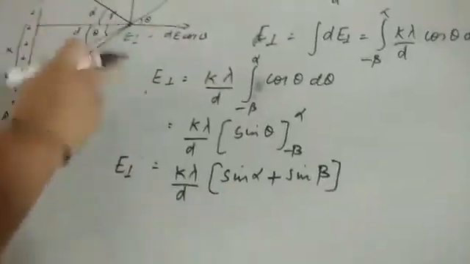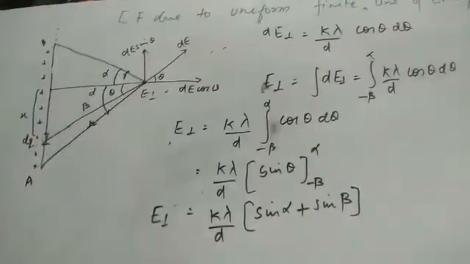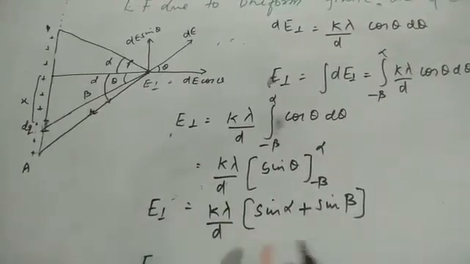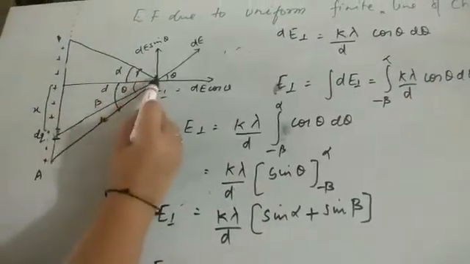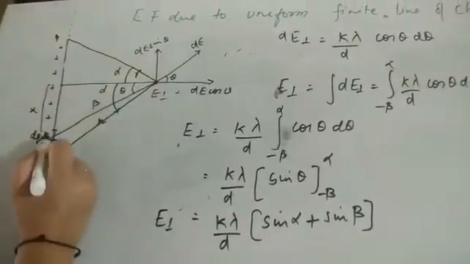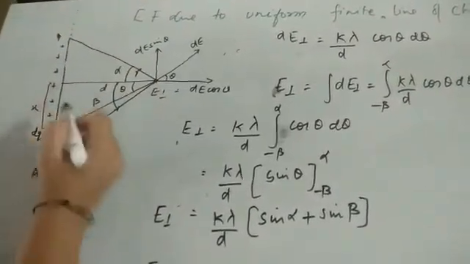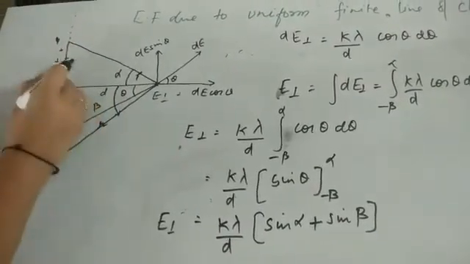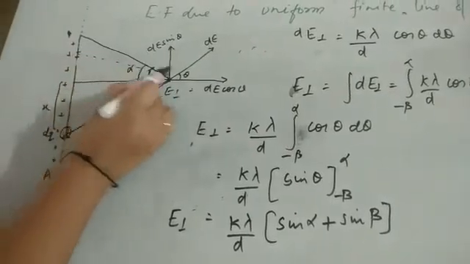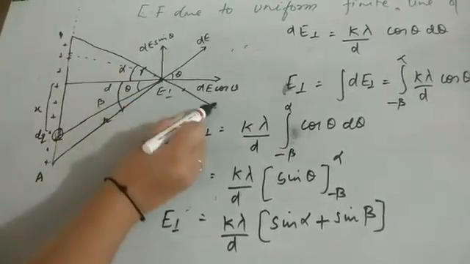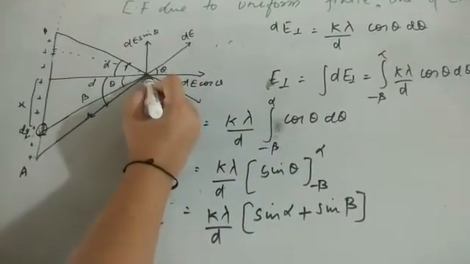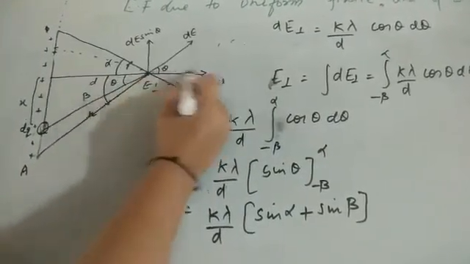Here itself, I can also straight away write the parallel component. This is the parallel component because of this small element. But if I had considered an element in the upper half, then the electric field would have been in this direction, and dE sine theta would have come here and dE cos theta in this direction.